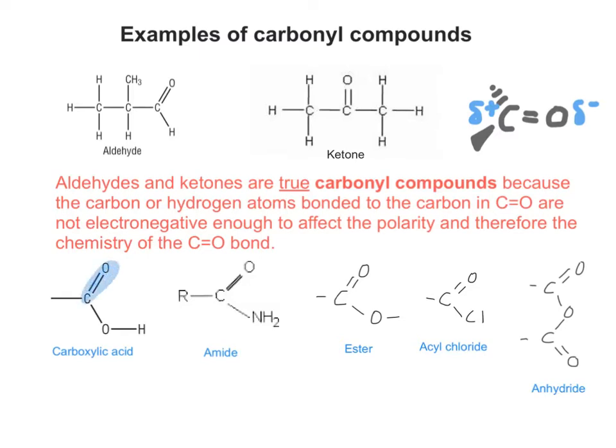So in other words, the polarity of that particular part of the molecule is going to be disrupted in some way by the presence of another electronegative atom that's attached to the same carbon. So for that reason, the compounds along the bottom are not true carbonyl compounds and don't exhibit carbonyl behavior.